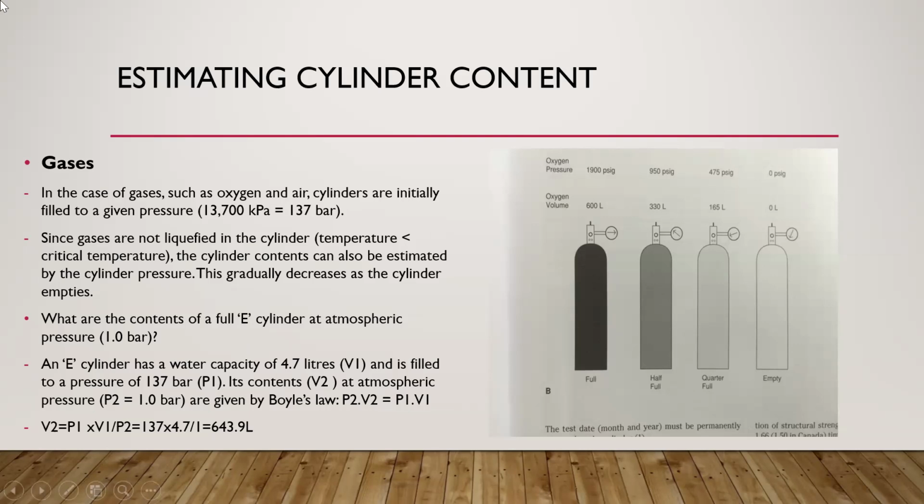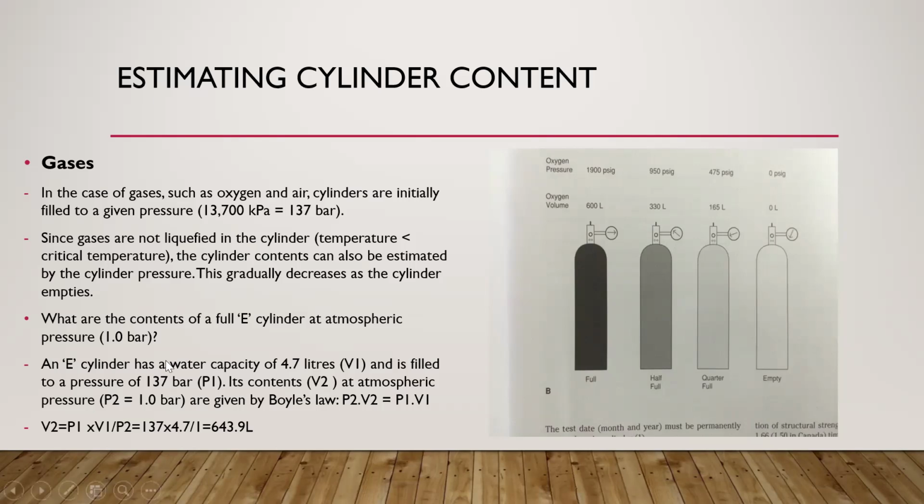Do we remember that? Yes, sir. What is Charles' law, Dr. Irene? Charles' law says that the volume of a given mass of gas is directly proportional to its absolute temperature with constant pressure. Yes, beautiful.